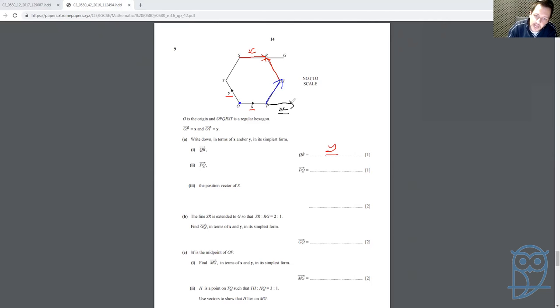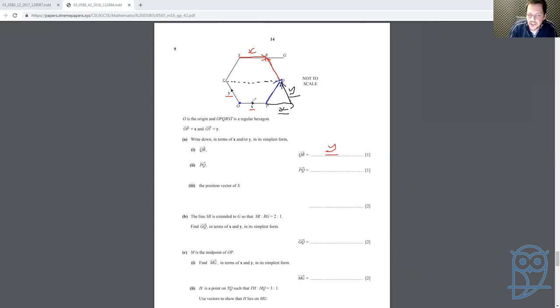And then I put another vector up this way that is Y. I can do that because I know that that forms a parallelogram.